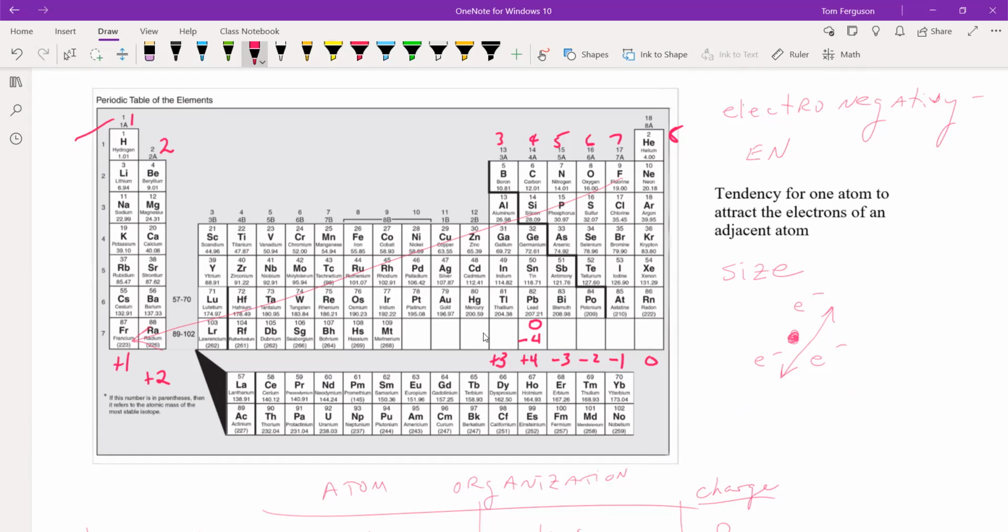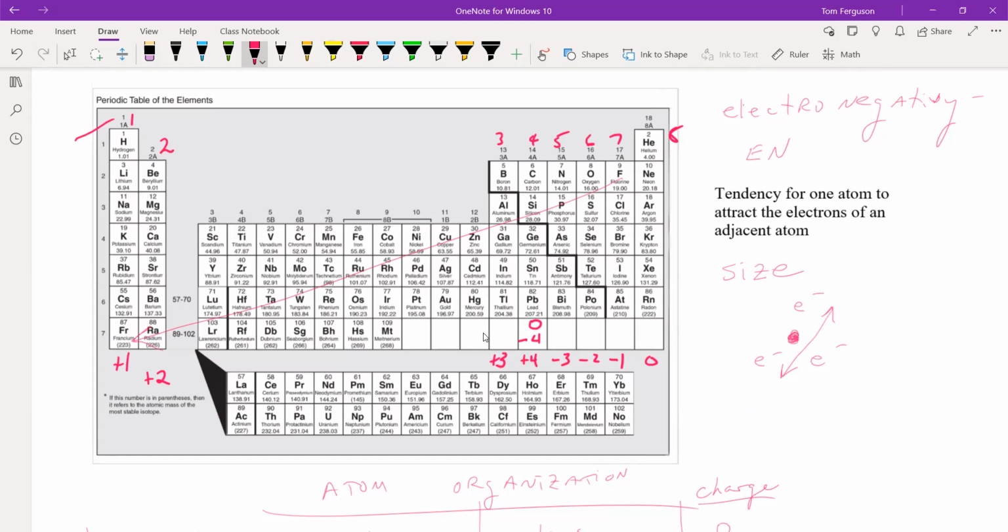What happens in a covalent bond is the two atoms share electrons. In an ionic bond, you have to have a cation and an anion, where an electron goes from the cation over to the anion. And that's where the strength of the bond or the stability comes from. So the idea is we're going to form either an ionic compound or a covalent compound for stability reasons. We're going to talk about bonding later, but that's in a nutshell.